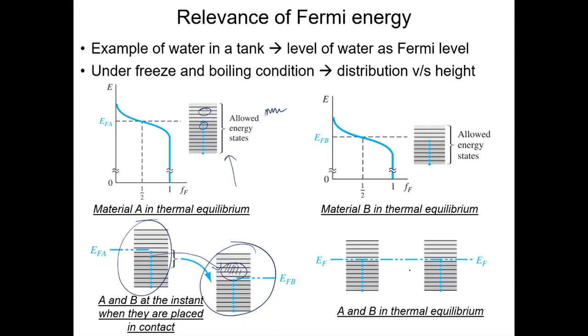As a result, in thermal equilibrium, both sides will have the same level till which the states are occupied, and therefore the Fermi level will be fixed or constant when you have connected these two systems.